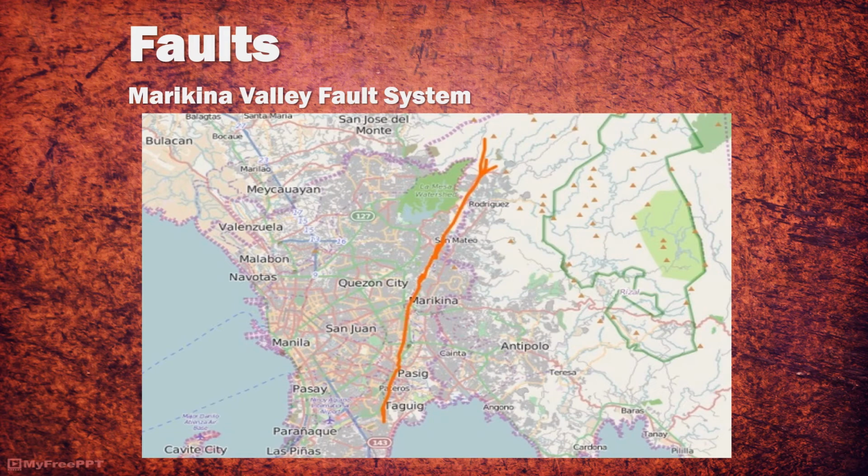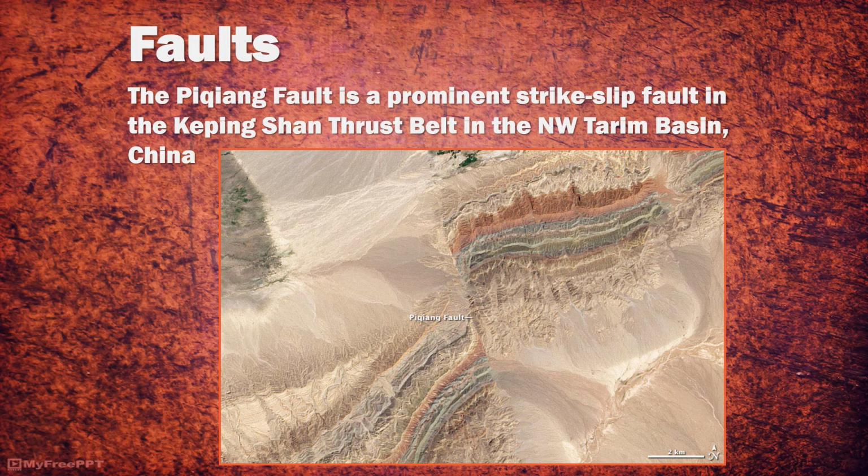Not only in the NCR, but for sure there will be movements then around the Philippines kung magmo-move talaga ang ating fault system na ito. Yan po ang image natin for the Pishan Fault, the prominent strike-slip fault in Kepingshan Thrust Belt in the northwestern Tarim Basin in China.